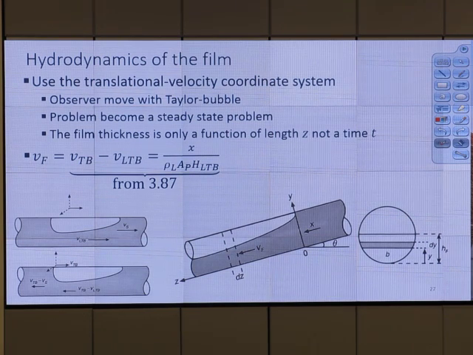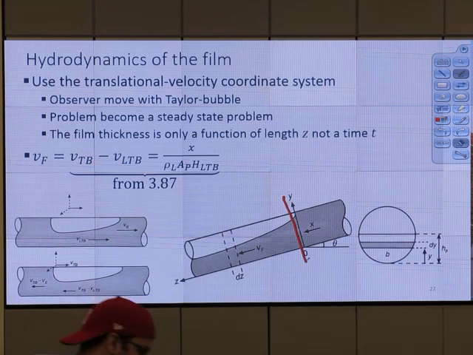And for the moving coordinate system, x is not a function of time because for the moving coordinate system, everything is steady state, right? It becomes steady state. So x is constant. Okay, HLTB is highest over here, right?